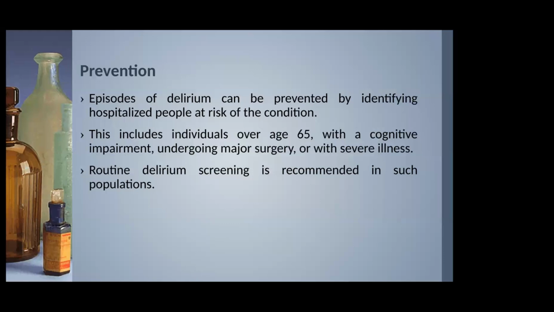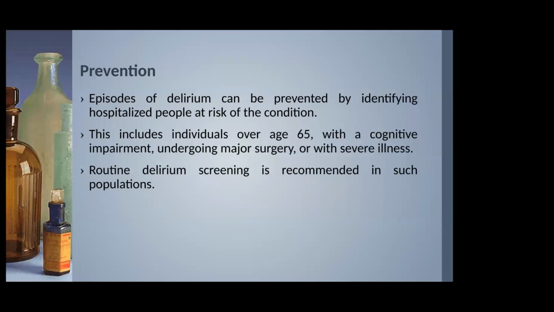Even though we don't see any symptoms of delirium in such groups, we know that they are vulnerable, so we have to follow their conditions cautiously. The same is true for patients with cognitive impairment, patients who undergo major surgery, or patients having severe medical conditions. So these are risk groups.